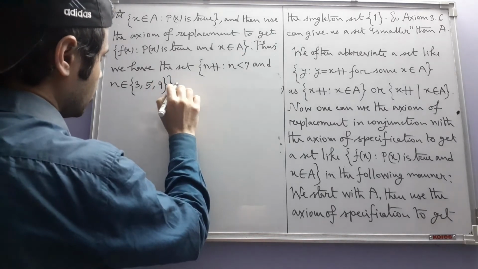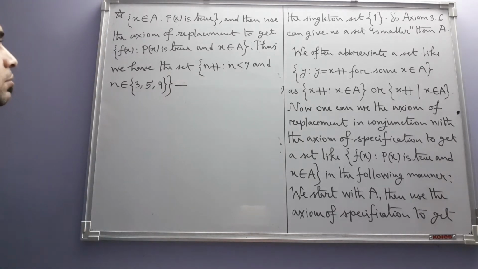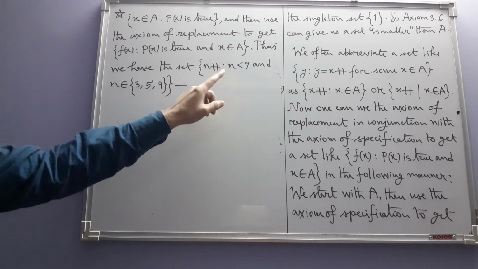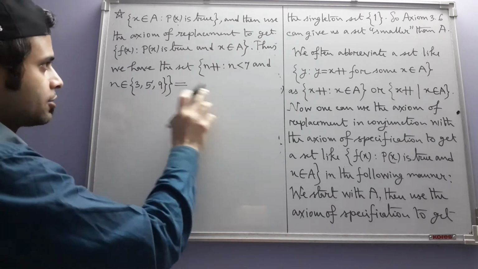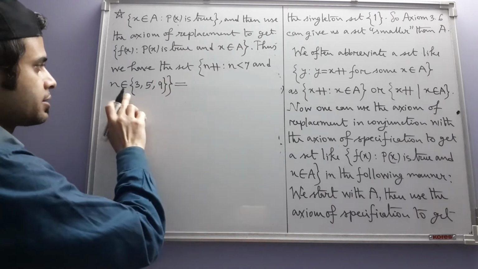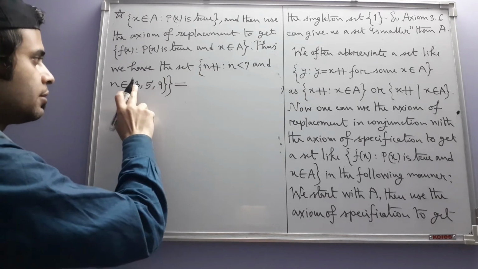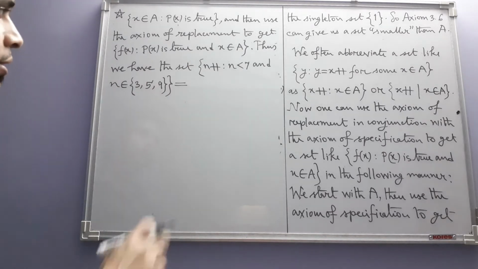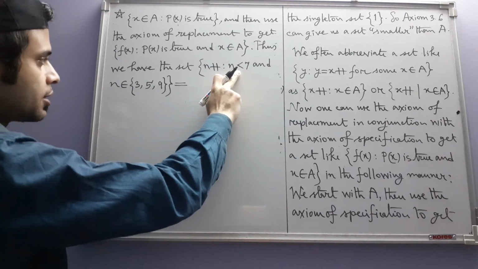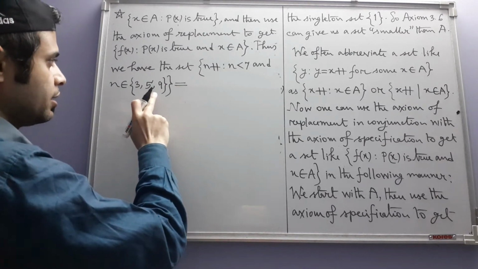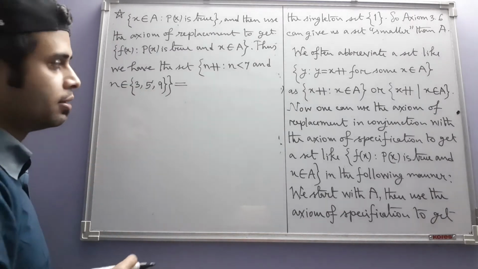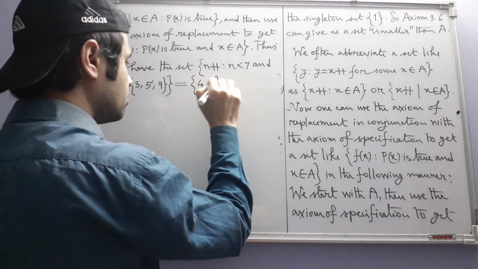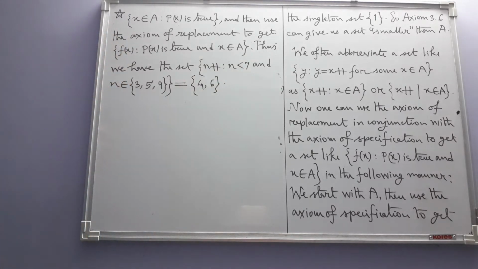If you recall from the example before the one we started this video with today, if we simply write the successors of these elements, we get 4, 6 and 10. However, here this extra condition tells us that we cannot take n equal to 9. So that means this will be {4, 6}.